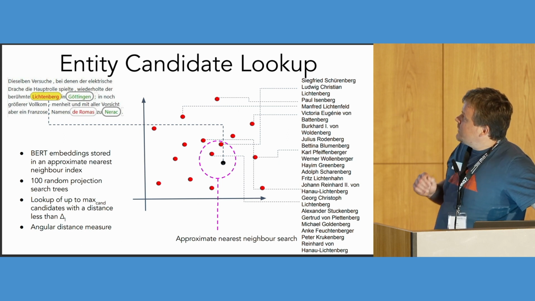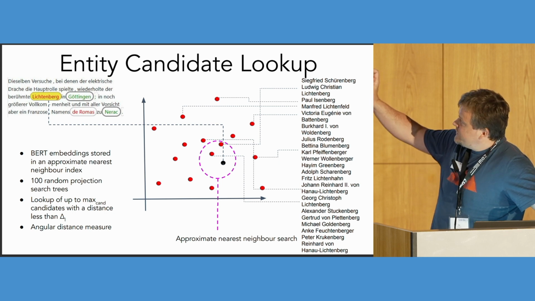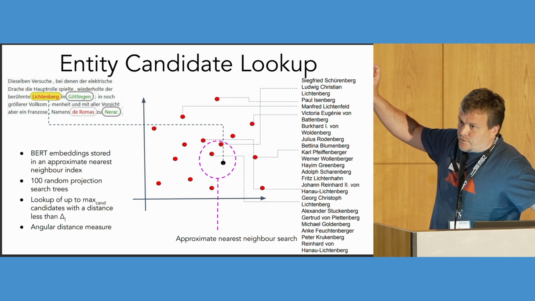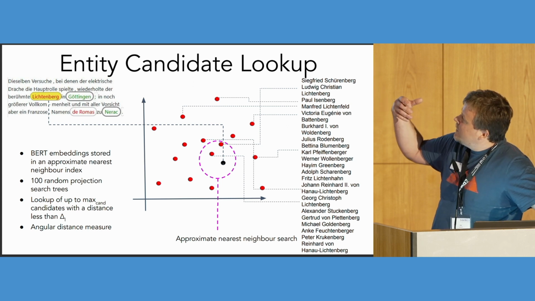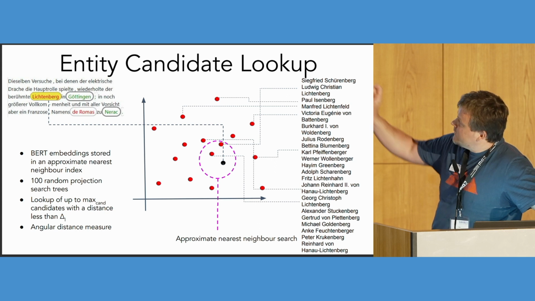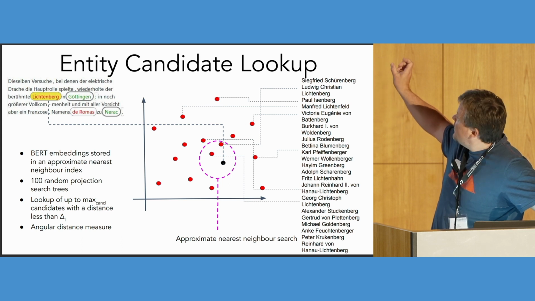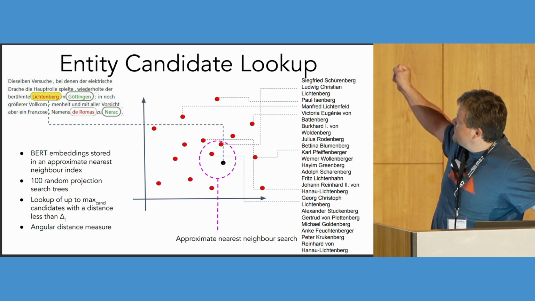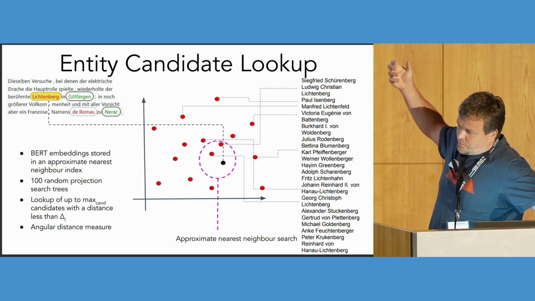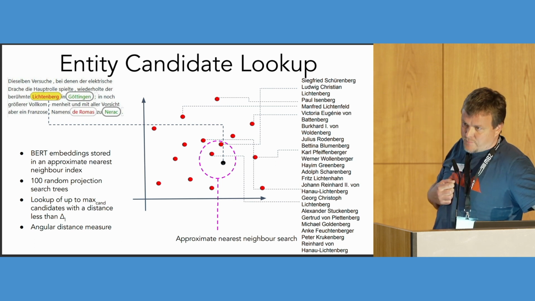So, what actually happens is we take this text passage that we want to resolve, Lichtenberg, and we compute BERT embeddings for this text part, and we did the same for all the entities that are stored in our knowledge base, and the corresponding BERT embeddings have been stored in an approximate nearest neighbor index.